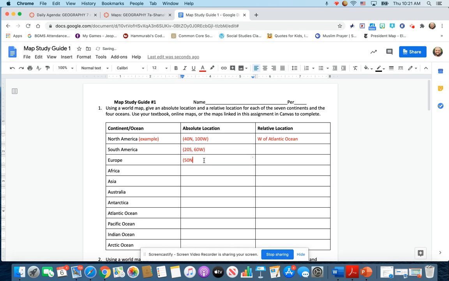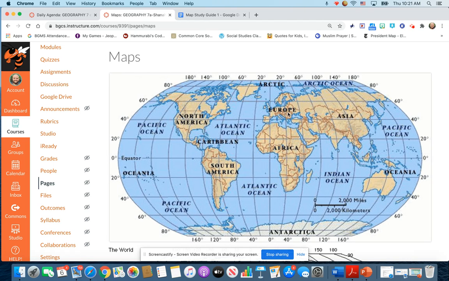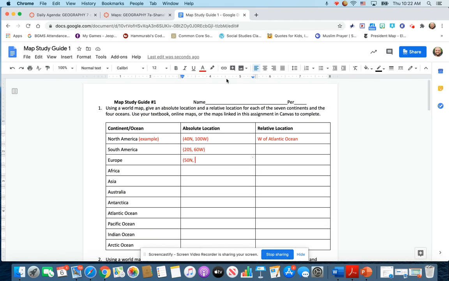So 50 north, comma, space. There is a line of longitude going through it, so we can just follow that one up. And we're at 20 degrees east because we're on the right side of the prime meridian, so 20 degrees east. That's basically how you do absolute location.